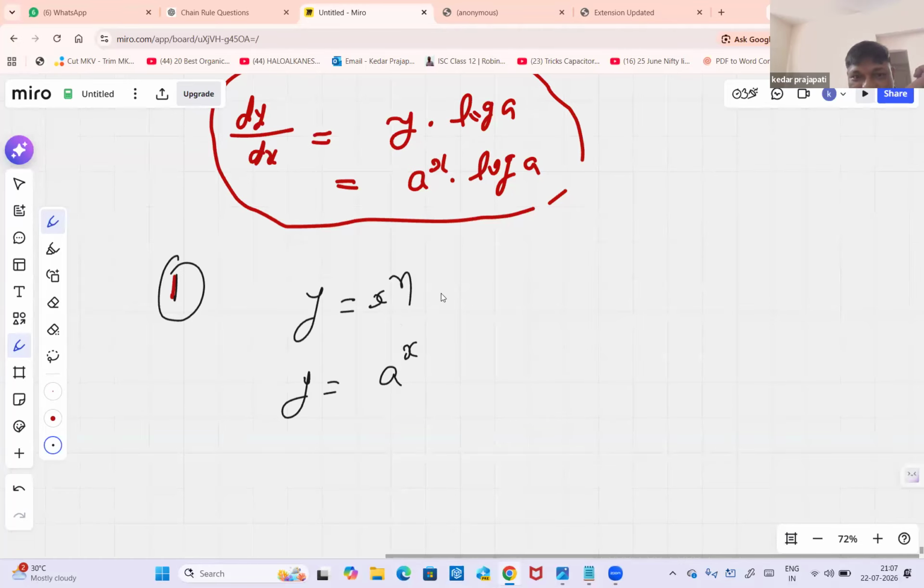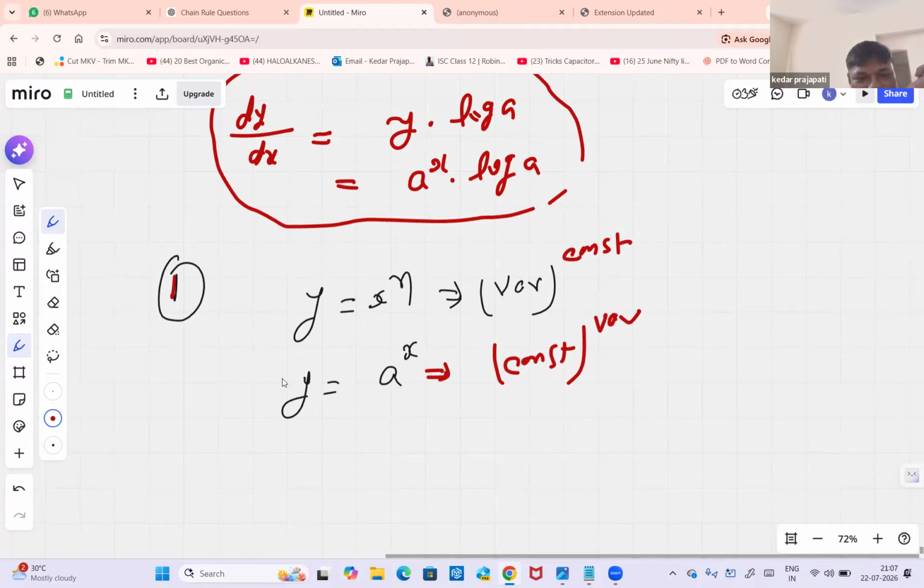This is in the form of variable to the power constant, and this is in the form of constant to the power variable. So here what you will do, you will take log both sides.